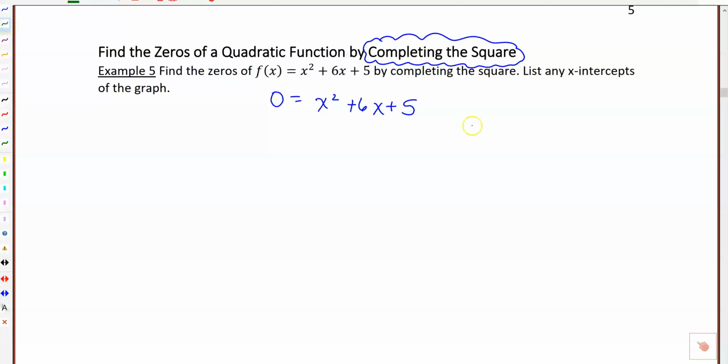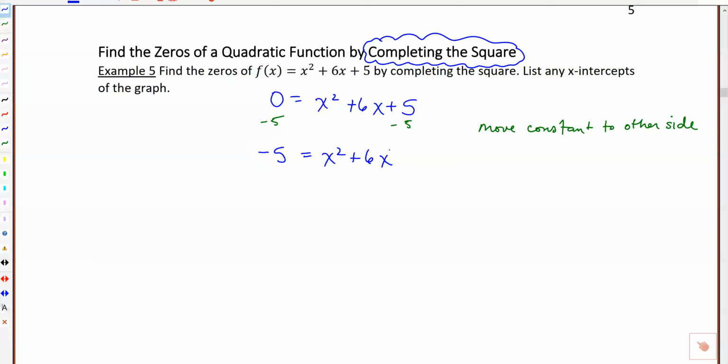So the first thing is you're going to move your constant to the other side. So you just have your squared term and your linear term on the one side. So in this problem, I would get negative 5 is equal to x squared plus 6x.